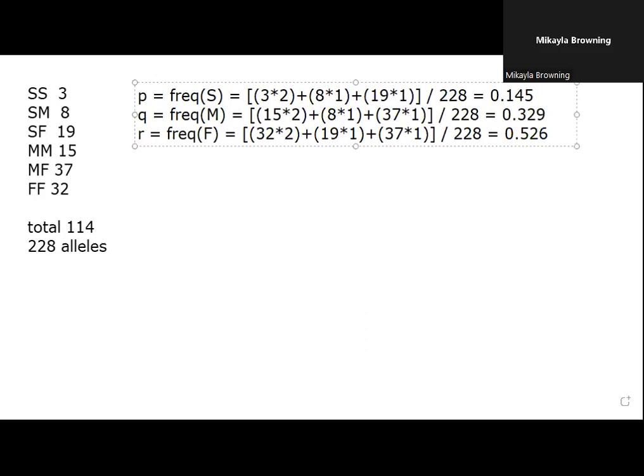Okay, quick check. Do these add up to 1? Let's see, 5, 9, and 6, 20, carry the 2. 4, 6, 8, carry the 2, that's 10, carry the 1, 3, 5, 1, and add the 1. Yes, the sum of those is 1, so we have done the math right.